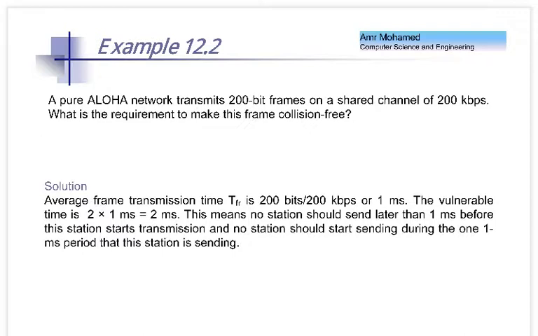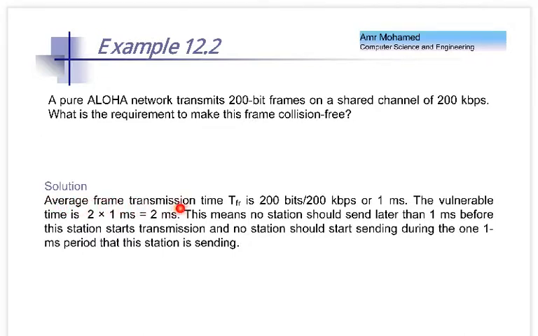So any node can spend a time which is this value divided by this value, which calculates the amount of transmission time that any node can spend to send a frame of length 200 bits on a medium which is 200 kilobits per second bandwidth. So what is the requirement to make this frame collision free? Which means that we can calculate the vulnerable time, and the vulnerable time is simply double this transmission time.